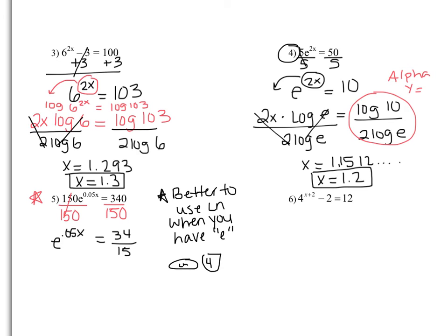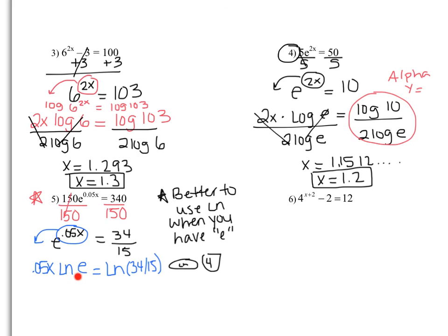So what do I mean by it's better to use ln? We have the same problem here that we had up here. We would drop the power and log both sides. So here we're going to do the same thing. We're going to drop the power, so 0.05x, but now we're going to ln both sides. Okay? And we're going to let the calculator do all this work for us.